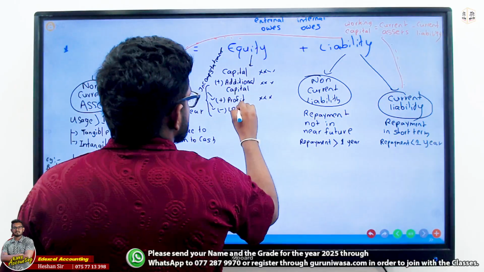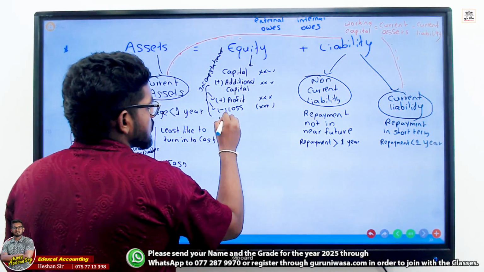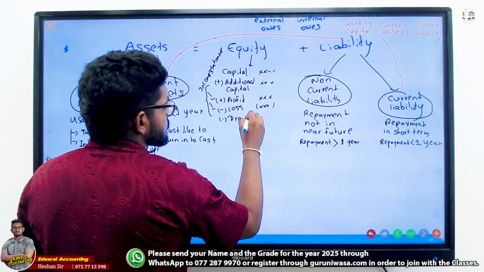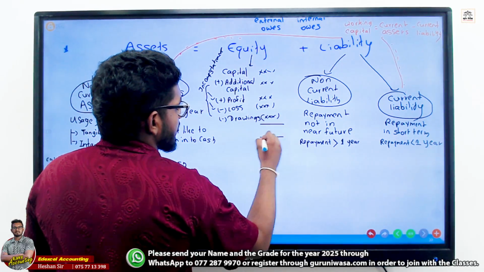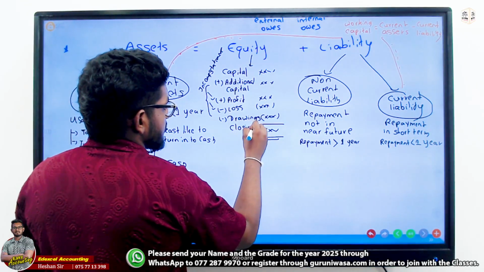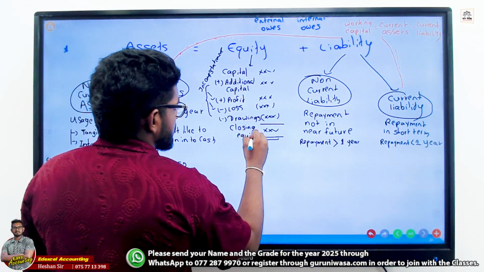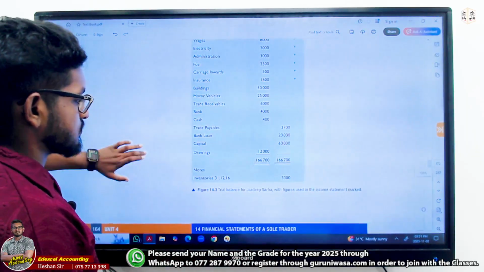If there's a loss we deduct, and also we deduct drawings. Then we can calculate the closing. This is the format of the statement of financial position.